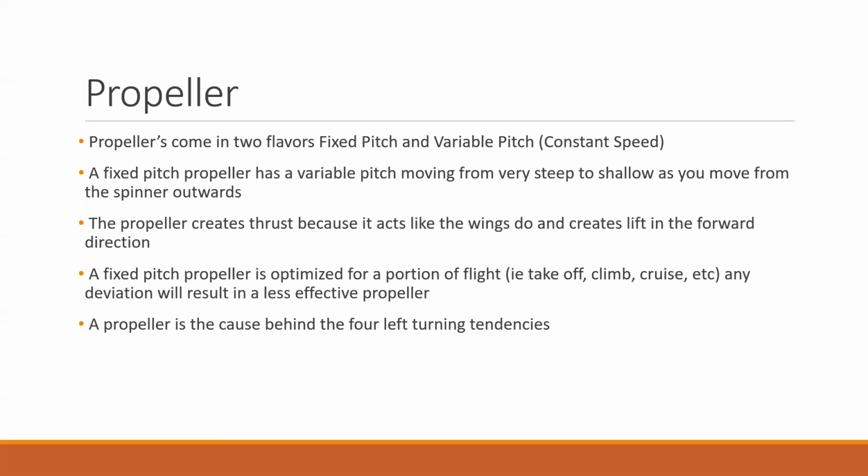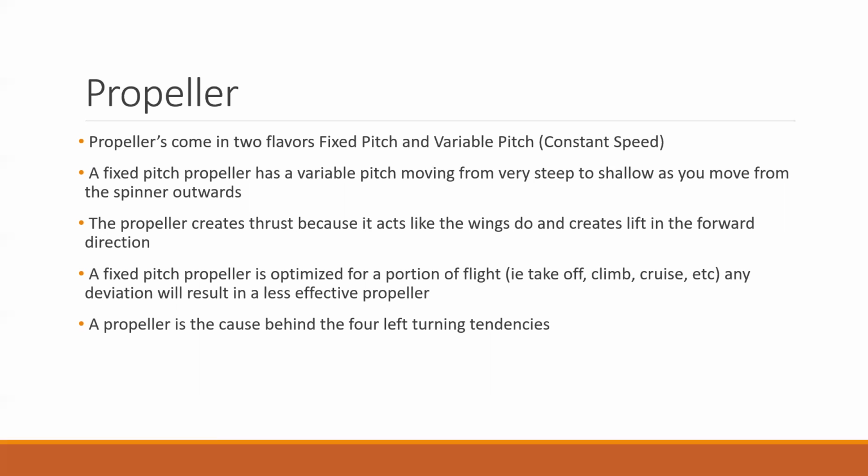Propellers come in two different kinds: fixed pitch propellers and variable pitch propellers. Fixed pitch has some calculated pitch along the entire blade, and you can't change it. However, it's usually engineered in such a way that it is most efficient during some phase of flight, so takeoff, climb, cruise, something like that.